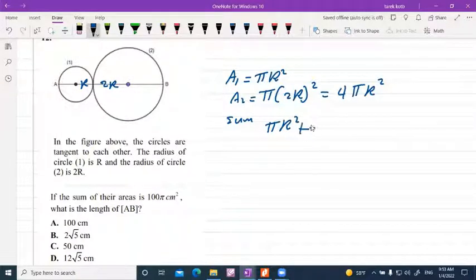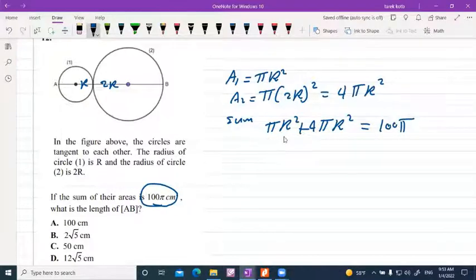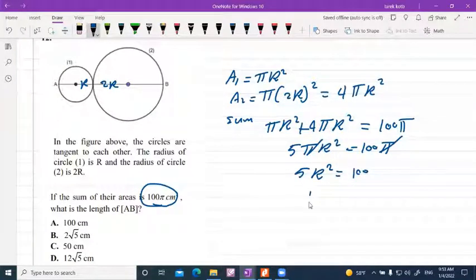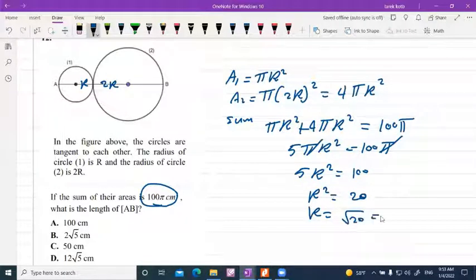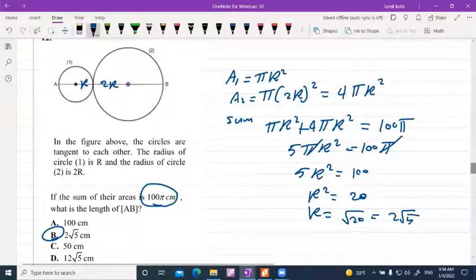The sum of the two areas will be pi r squared plus 4 pi r squared, and that all will be 100 pi, because he said that the sum of the areas is 100 pi. So pi r squared plus 4 pi r squared equals 5 pi r squared equals 100 pi. You can cross divide, so it will be 5 r squared equals 100, so r squared equals 20, so r equals root 20. Root 20 equals 2 root 5.